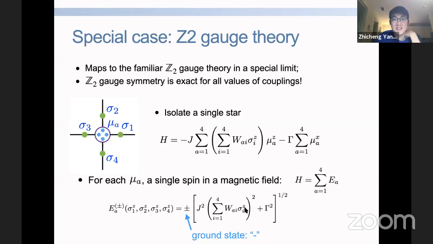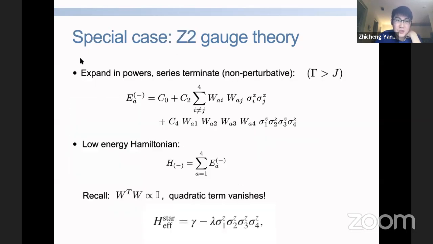Sigma squares to identity, so when you expand in series, this series actually terminates in terms of the Pauli operators, because sigma squares to the identity. So you can expand this in a power series. You get some constant term, then some quadratic term in sigma_i^z and sigma_j^z, and then you get some quartic terms. This is the only quartic term that you can generate.